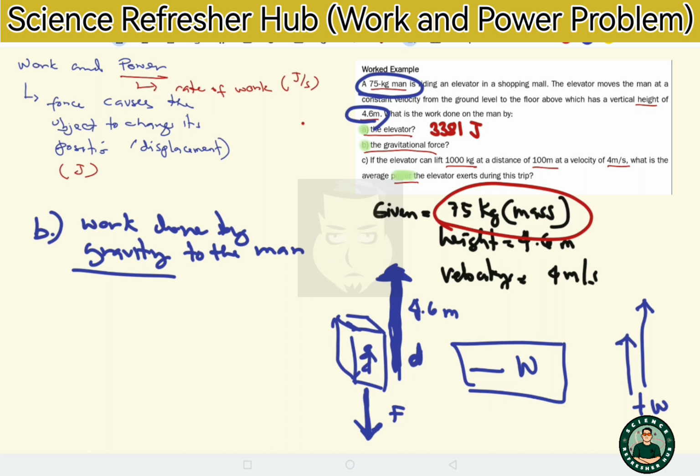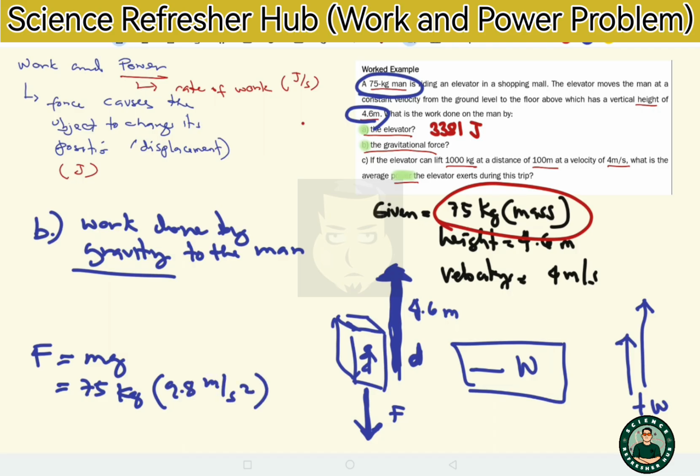Okay, how are we going to do it? So it's still the same thing. Our force, we don't have newtons here, we have 45. So again, to get the force, it's just mass times gravity. So 75 kilogram multiplied by 9.8 meter per second squared. That's constant on Earth.